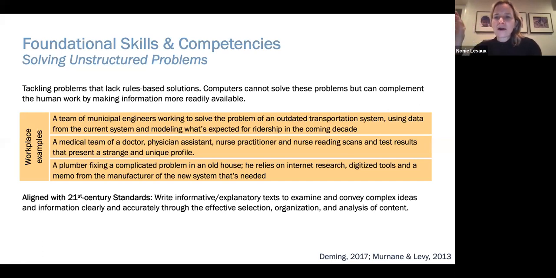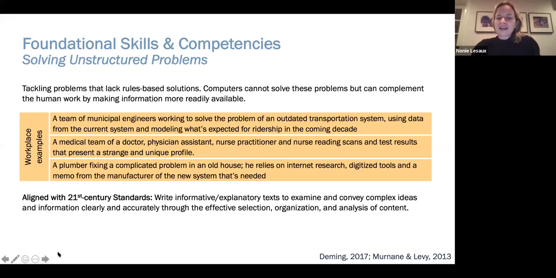We see now that the trades themselves, a lot of vocational industries, have also been revolutionized by technology, because we can do so much more research. We have digitized tools. We've got to draft that memo after the home visit to make a diagnosis or to suggest next steps.